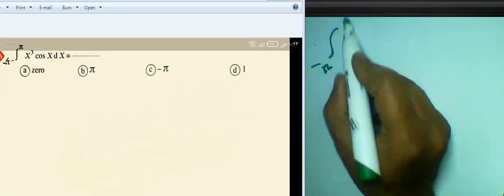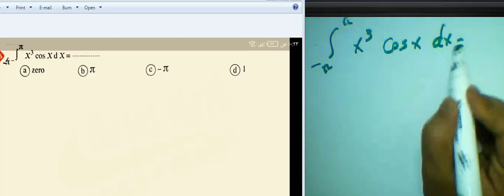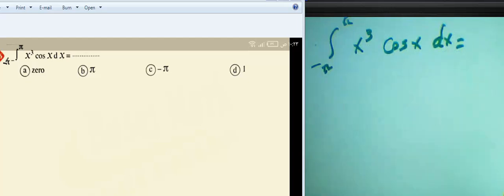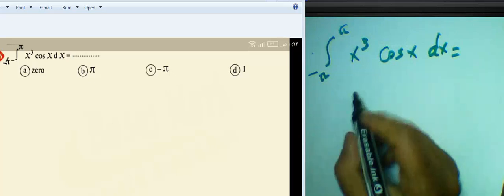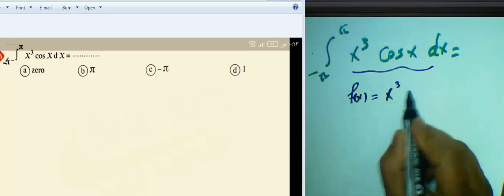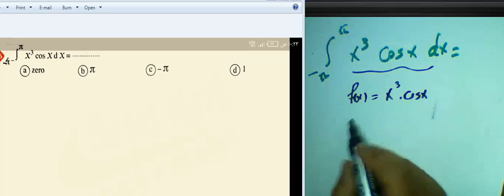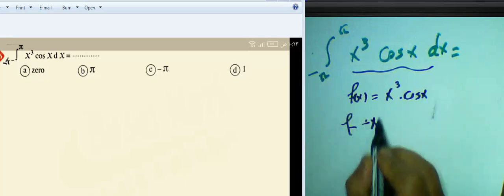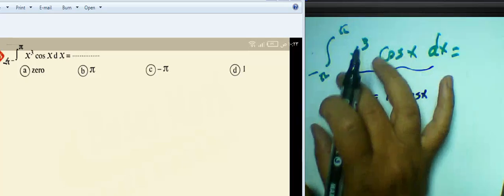Integration from negative pi to pi of x power 3 cosine x dx. You must ask yourself, is this function odd or even? We have the function f of x equals x power 3 cosine x. So we can find f of negative x. If f of x equals f of negative x, then the result will be twice the integration from 0 to pi.